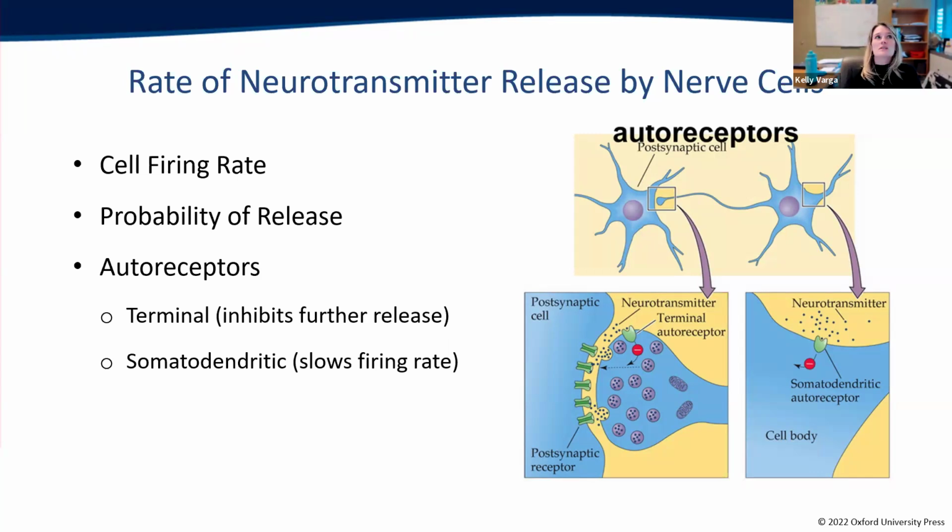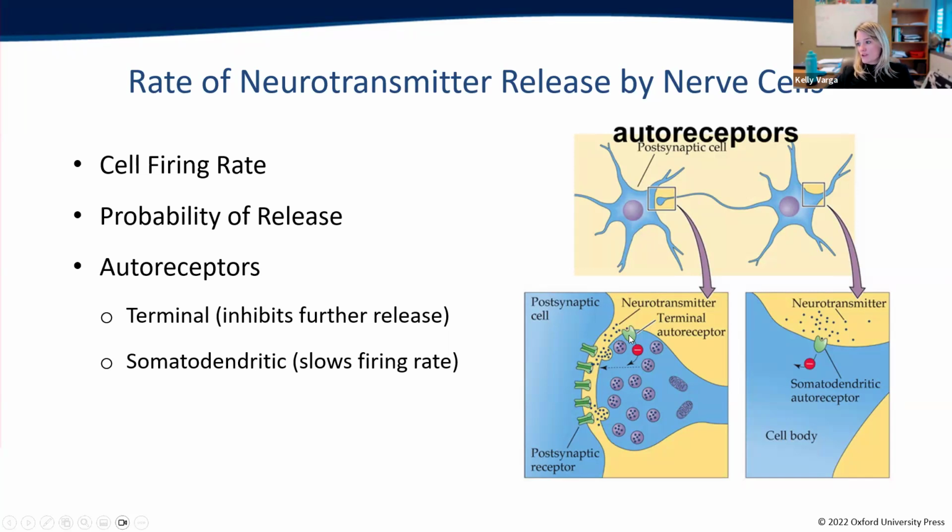But if there is a mechanism that needs to shut down release, too much firing, maybe I'm getting a postsynaptic signal coming back, or maybe I'm sending a self signal based upon how much neurotransmitter is being released. If it can't be cleared, what happens? That neurotransmitter will build up inside of the synaptic cleft, and it's just a matter of concentration gradient again. This is too much. I can't clear it in enough time.